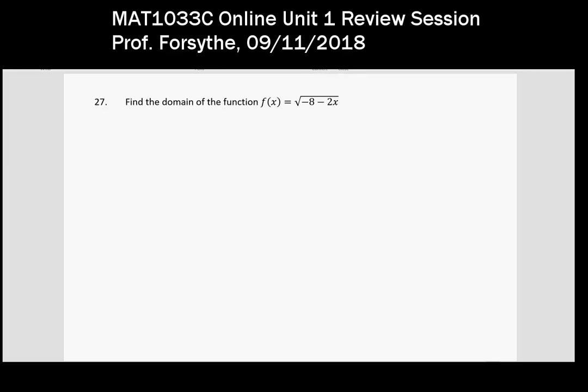Okay, so now find the domain of the function f of x equals the square root of negative 8 minus 2x.